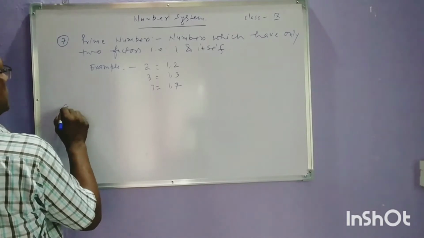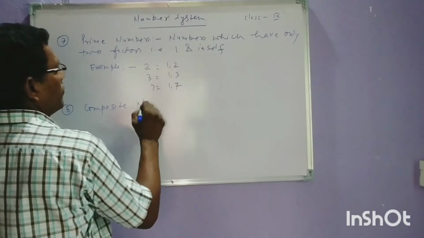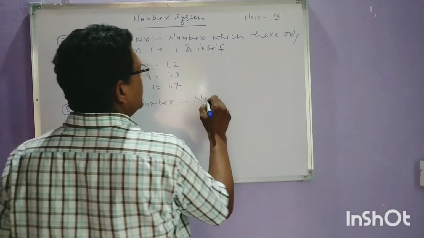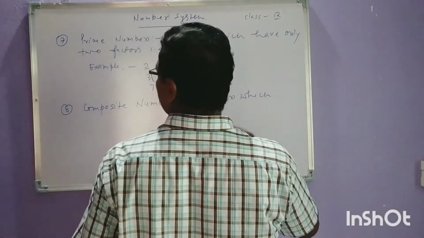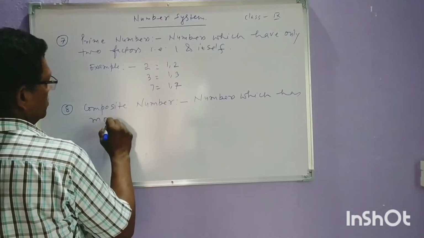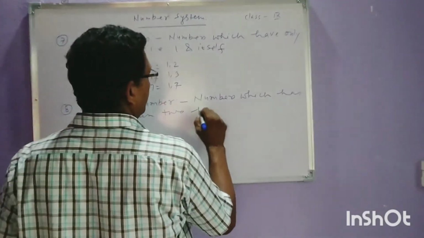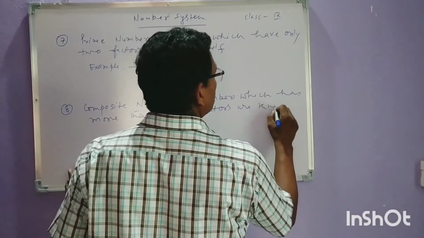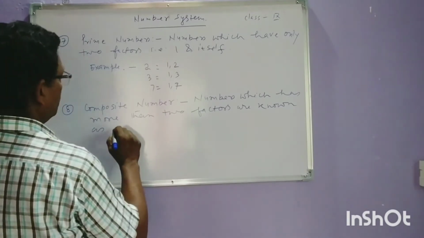Next one is composite number. Numbers which have more than two factors are known as composite numbers.